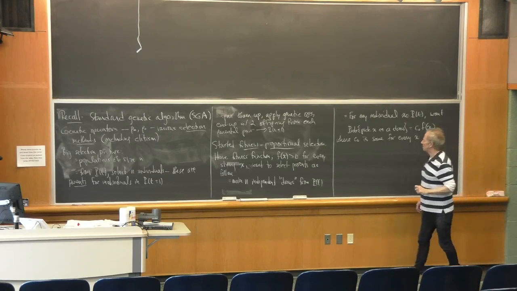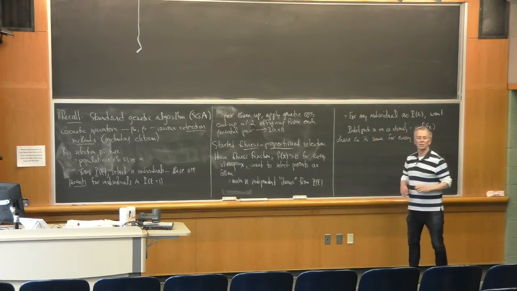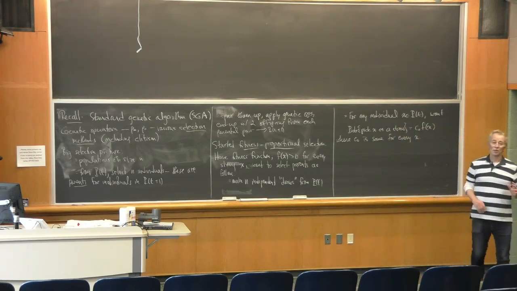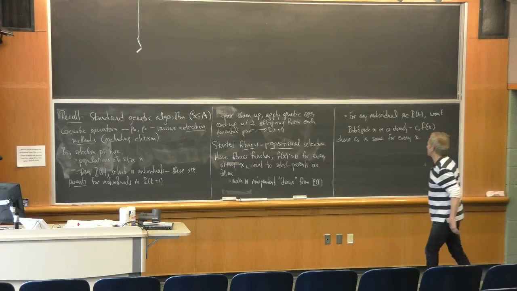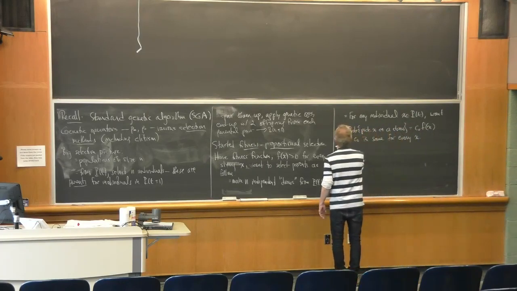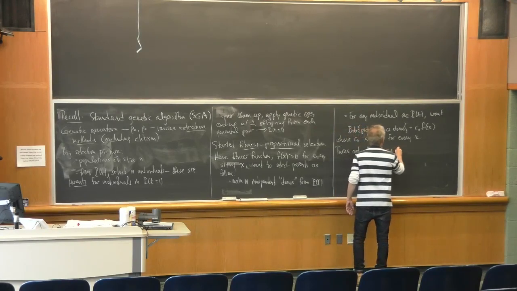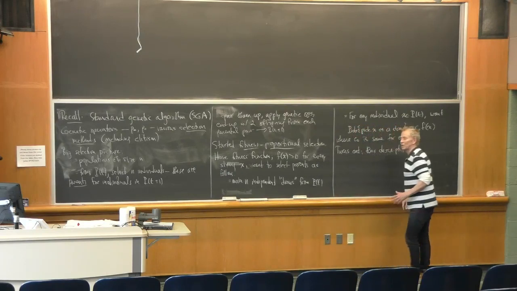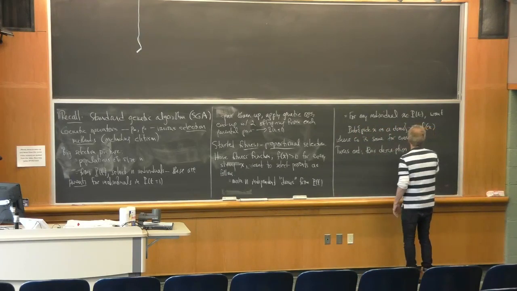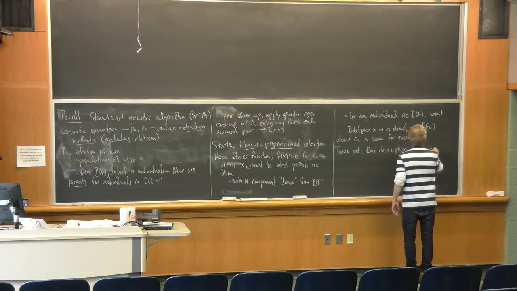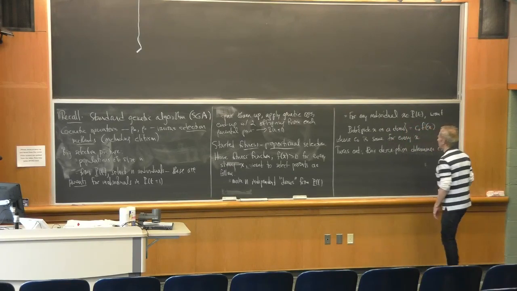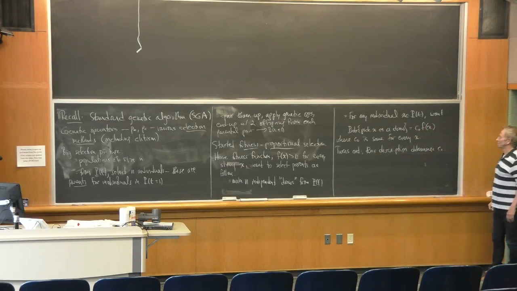Now, I claim that this condition of fitness proportionality determines C0 completely. It turns out that this description of the desideratum, namely what we want to do here, determines C0. Okay. How? Why?